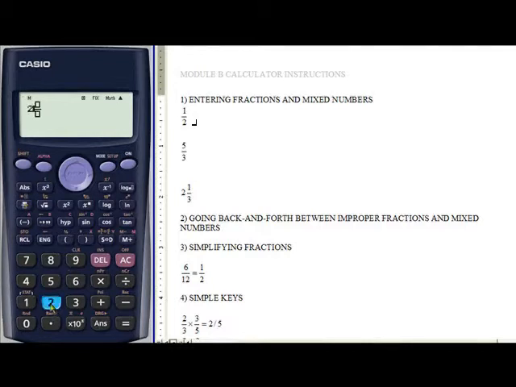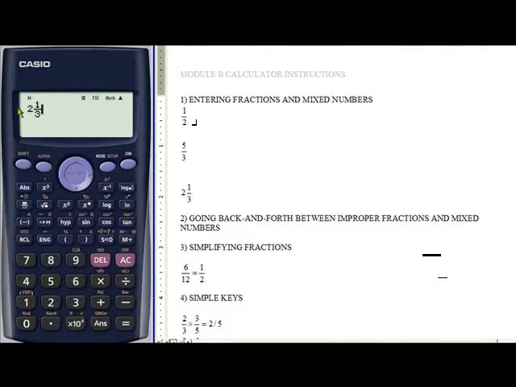Shift 2. I push the right arrow to go to the numerator. 1. I push the down arrow to go to the denominator. 3. 2 1/3.